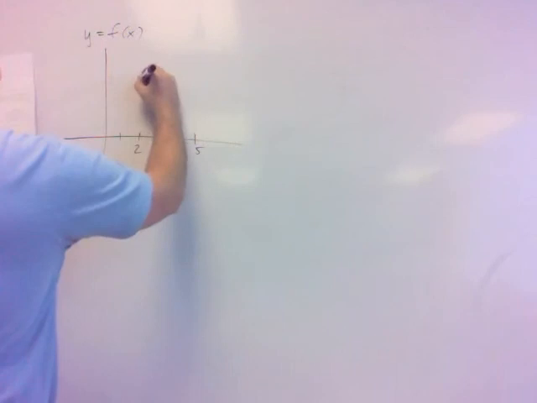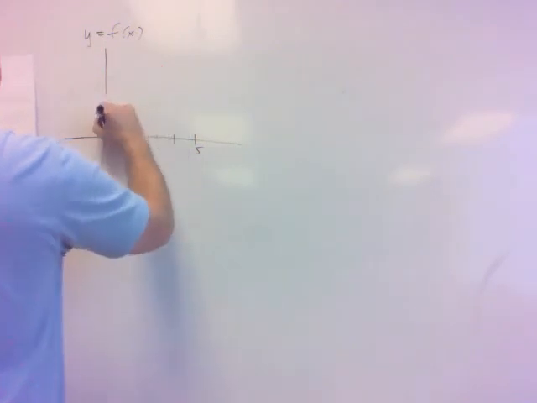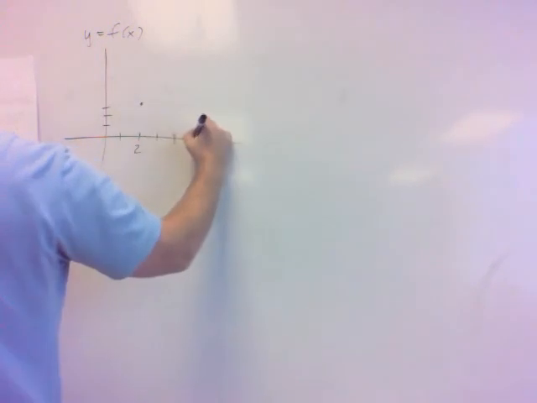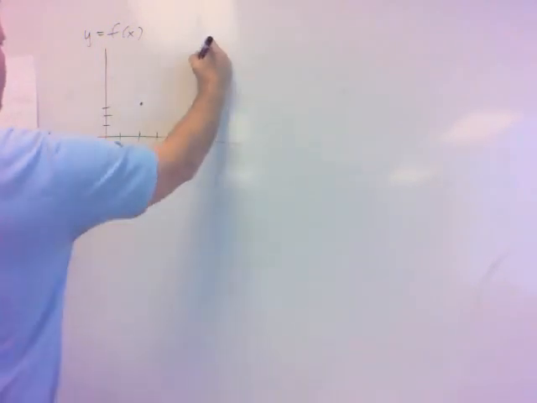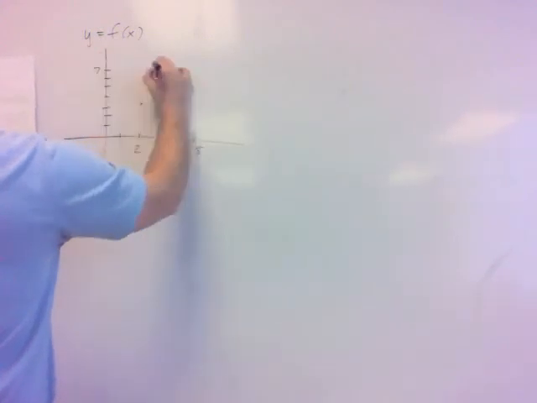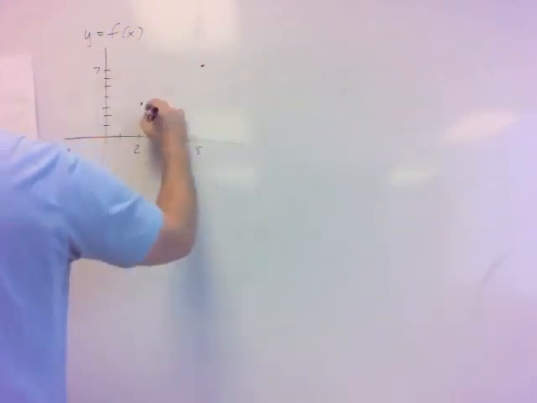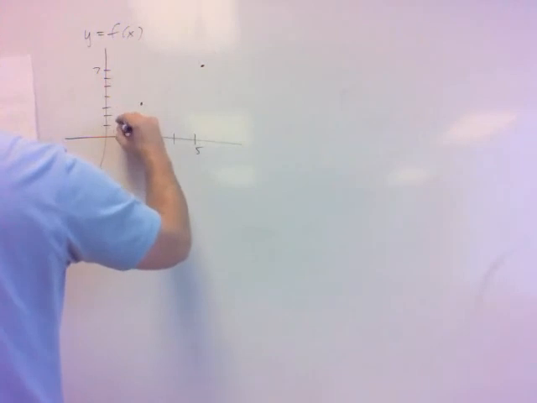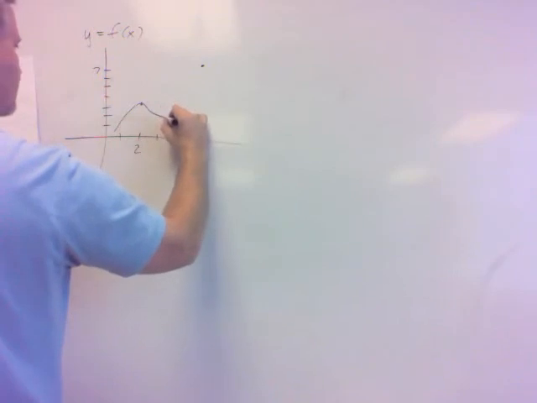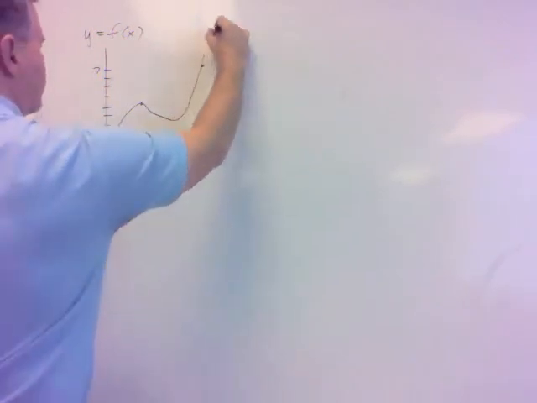All right, so let's say f of 2 is 3. f of 2 is 3. And then f of 5, let's put that up at 7. And we're going to peak it out there, and then something like that.